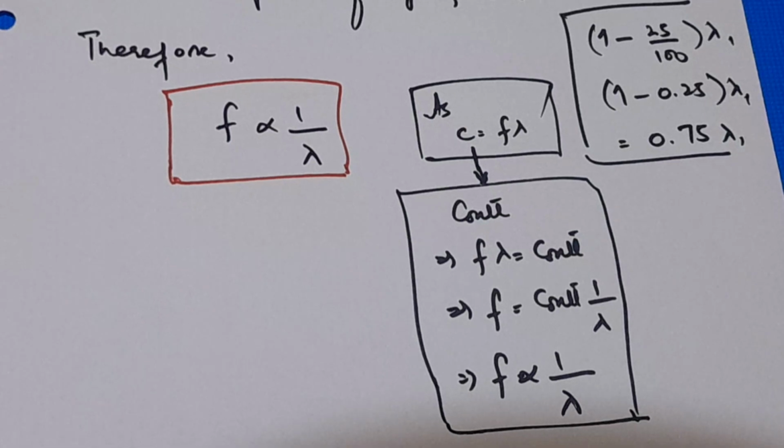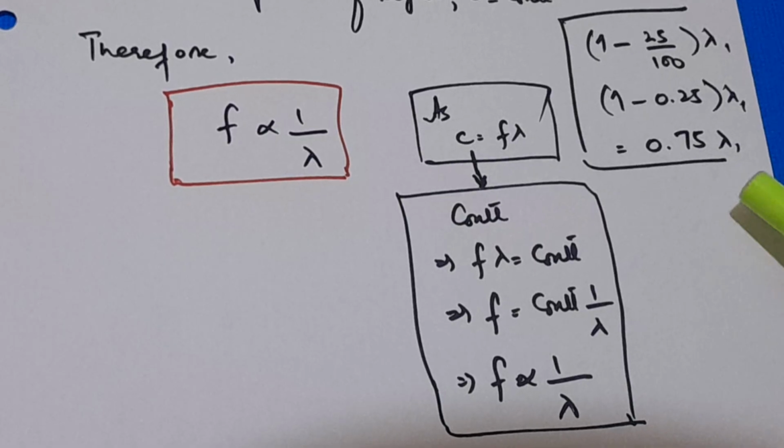Now if the initial value of wavelength is considered as lambda 1, then the final wavelength is 25% less than the initial wavelength. So we can calculate the value of lambda 2 as lambda 1 minus 25% of lambda 1, which is equal to 25 over 100.